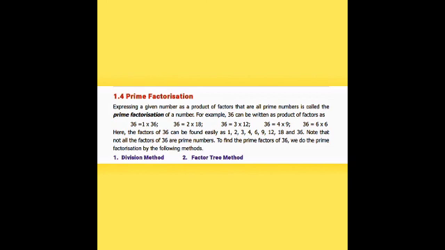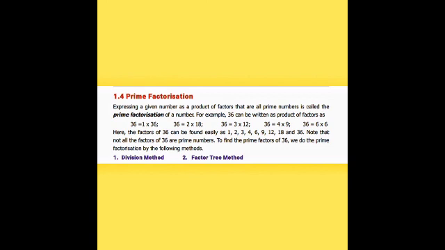In the 2 table, 2 into 18. Also the 3 table, 3 into 12. Next 4 into 9. Next 6 into 6. So the factors of 36 are 1, 2, 3, 4, 6, 9, 12, 18 and 36. Here, not all factors of 36 are prime numbers.